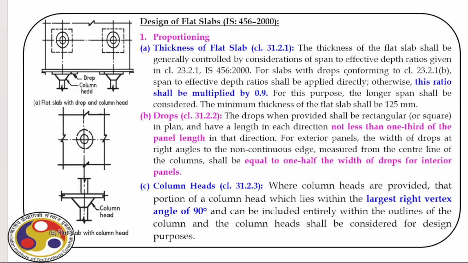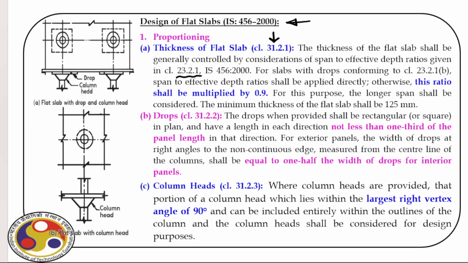Now, as per the design of the flat slab, as per IS 456, there are first certain requirements. The thickness of the slab, which is given in clause 31.2.1. So the thickness of the flat slab shall be generally controlled by consideration of span to effective depth ratio given in clause 23.2.1.